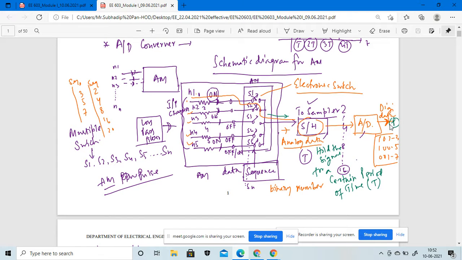Then the analog data is converted to digital data inside the processor. That is the process where we implement the different paths.